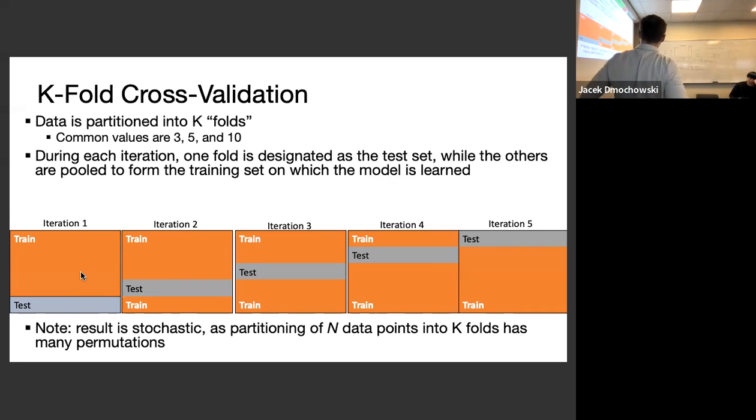Of course, MATLAB and Python have functions where, if you have 100 examples, they'll give you the indices to partition at every iteration. So you don't actually have to code the random number generation.